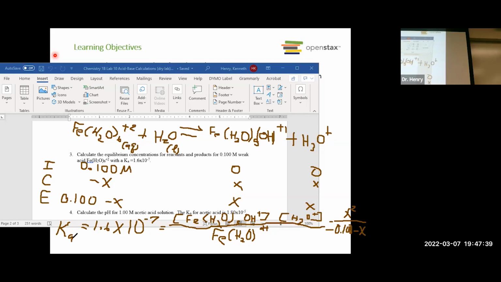So we get 1.6 times 10 to the -6 equals x squared.